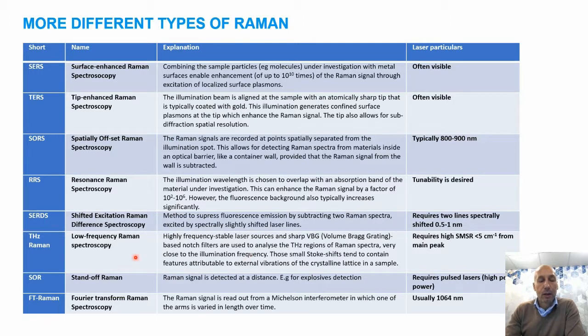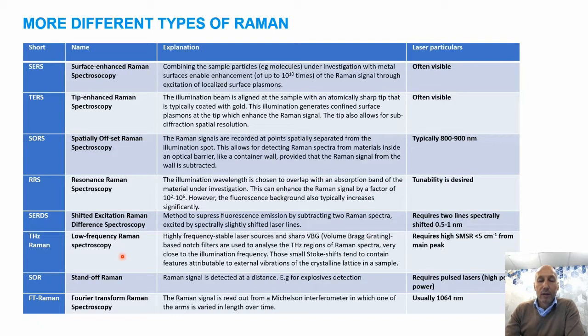As I mentioned earlier, in some cases it is of great interest to also look at smaller Raman shifts, in the low frequency region, which is also called terahertz Raman. Terahertz Raman gives access to molecular lattice vibrations in the sample.